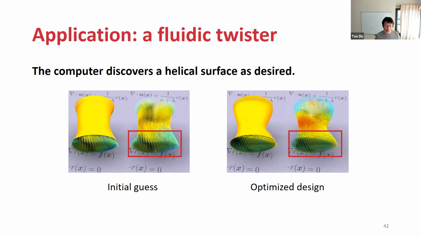And again, we calculate the gradients from the simulator, and then we run gradient-based algorithms by formulating a loss function defined at the curl of the outlet fluid velocity field. After a few iterations of gradient descent, we observed a very interesting twisted or helical surface as desired emerging from this problem. And again, this is automatically discovered by the computational algorithm without any human interference.